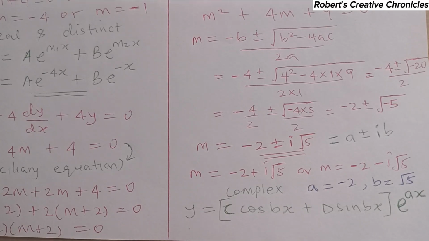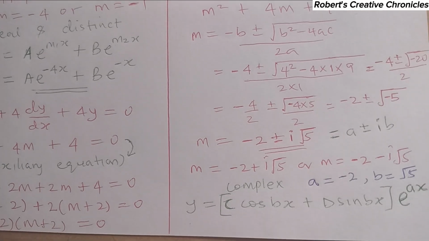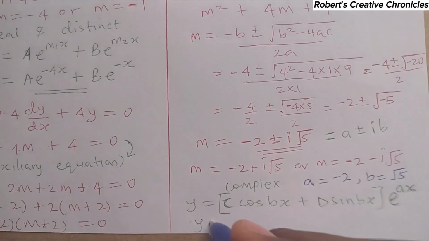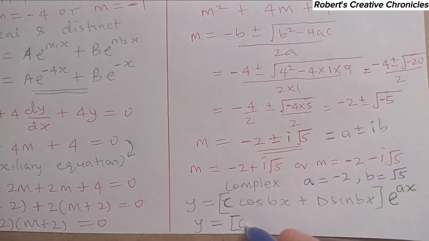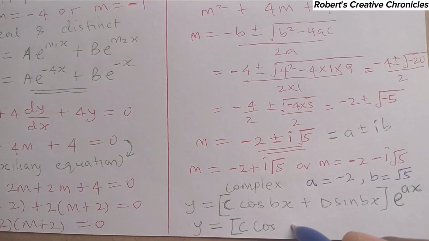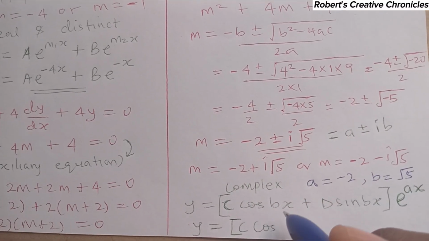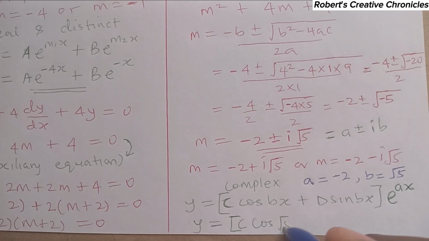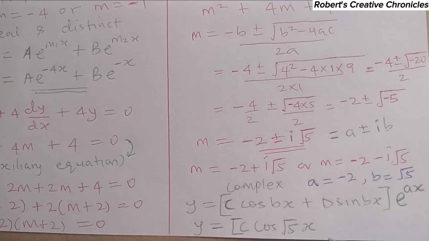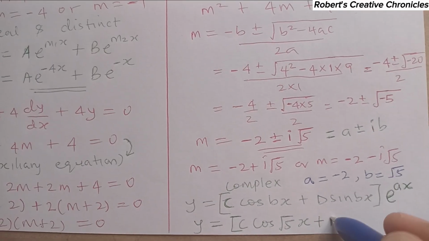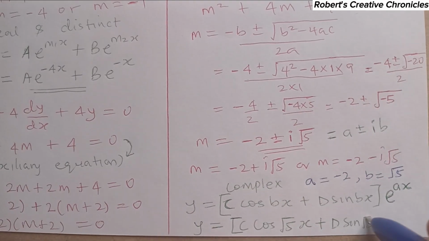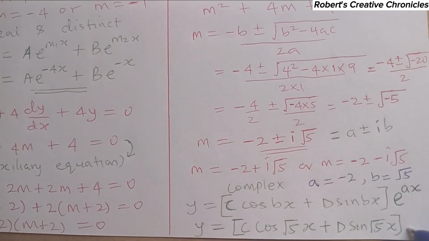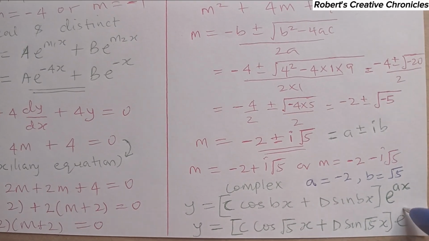So now we can write the general equation. So now y will be equal to what? c cos, what's b? b is root of 5. Root of 5x plus d sine root of 5x, exponential, what was a?